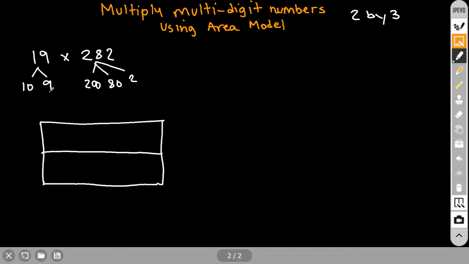So it's 10 here and 9 here. Now here, instead of 2, I'm going to have 3 places, and I'm going to write here the 200, the 80, and the 2.